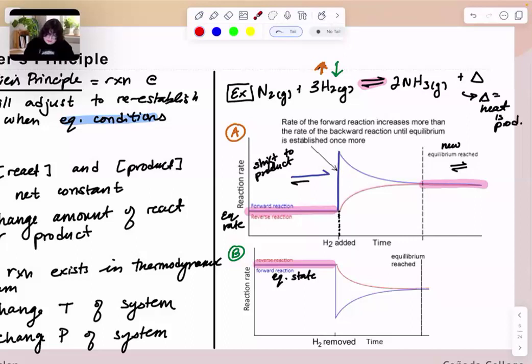So if this was looking at what happens when you increase the amount of hydrogen, then if I were to compare my forward reaction to my reverse reaction rate, when we remove hydrogen, we would see that the reverse reaction rate would be much, much larger compared to the forward.